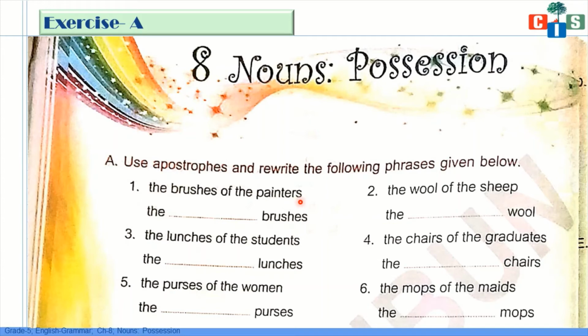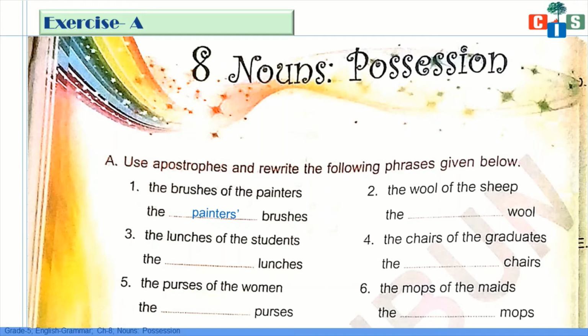So here painters is in plural form, right? This word ends with S. So what I will do is add only an apostrophe. So it will come as the painters' brushes. When I am talking about a plural noun, I have to add only an apostrophe to change it into a possessive noun, right?